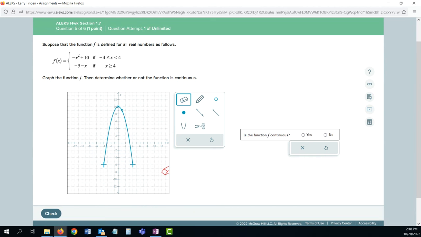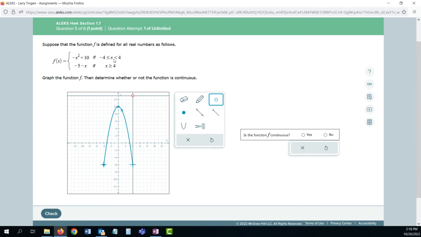Now, how about the endpoints? Okay. So this piece, when x is negative 4, I get negative 6. So I do need to put a solid dot on the end of that, right?